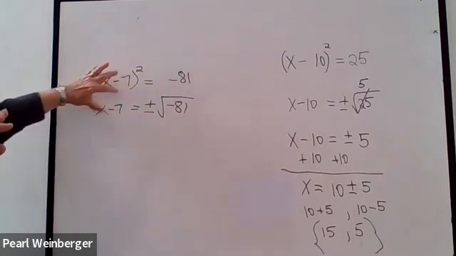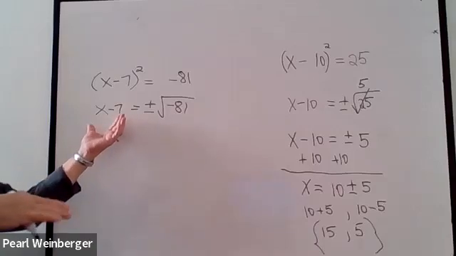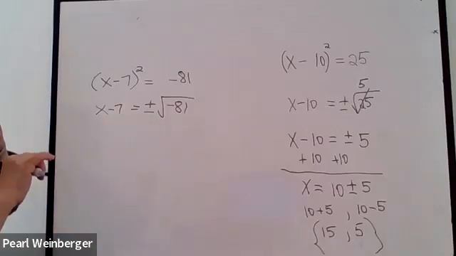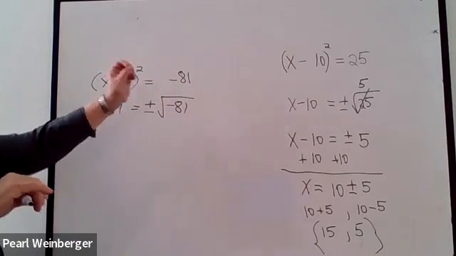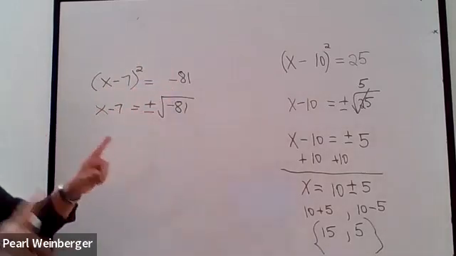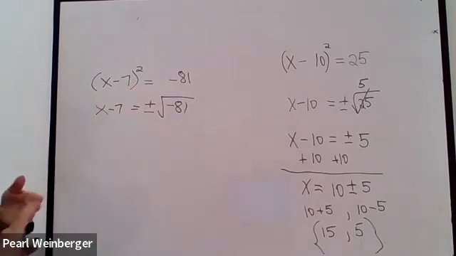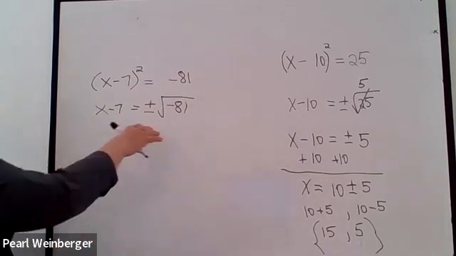The side that has a square, when you take its square root, just gives you what's in that parentheses, just gives you that x minus 7. The other side, you really have to do the square root of. So you do plus, and you have to do a positive answer and a negative answer, because you've got to get the two answers.